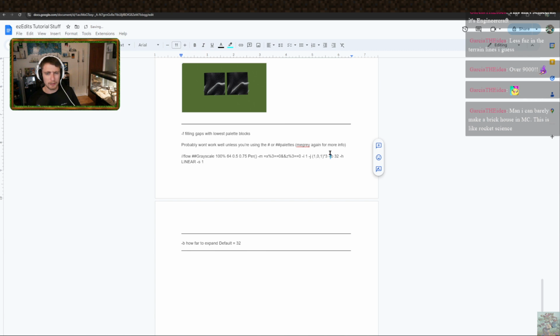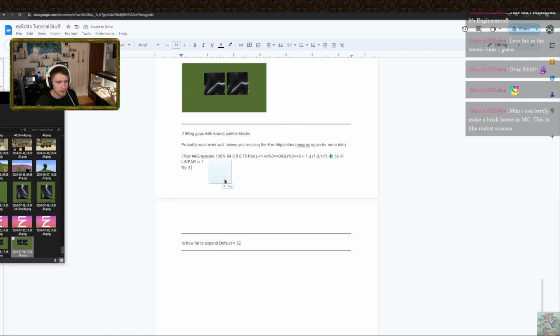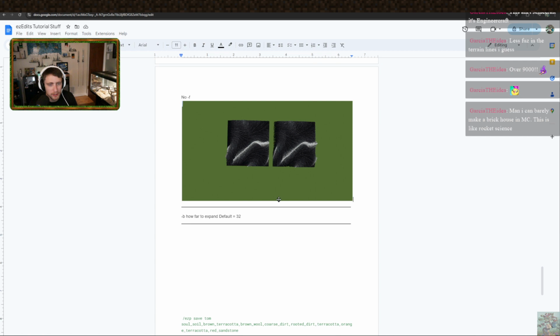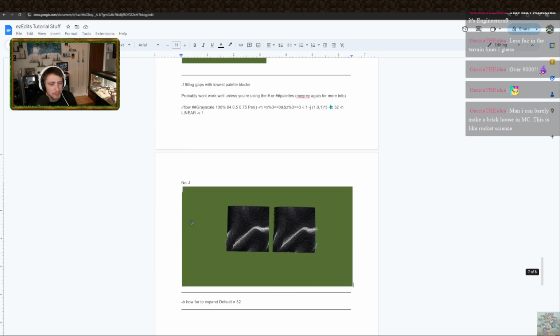I think that'll be the best way to do that. No minus F. And then we put the picture. By picture, I mean screenshot. Results in air gaps because it's not filling, essentially. That one actually just makes sense, even without visualization, I feel, but maybe that's just me.